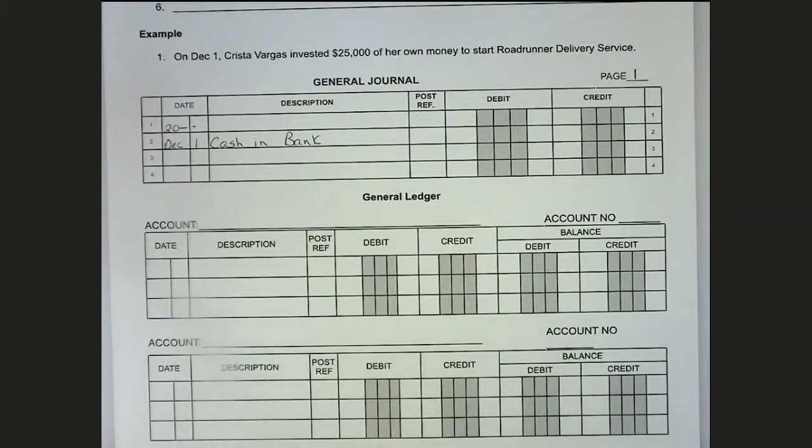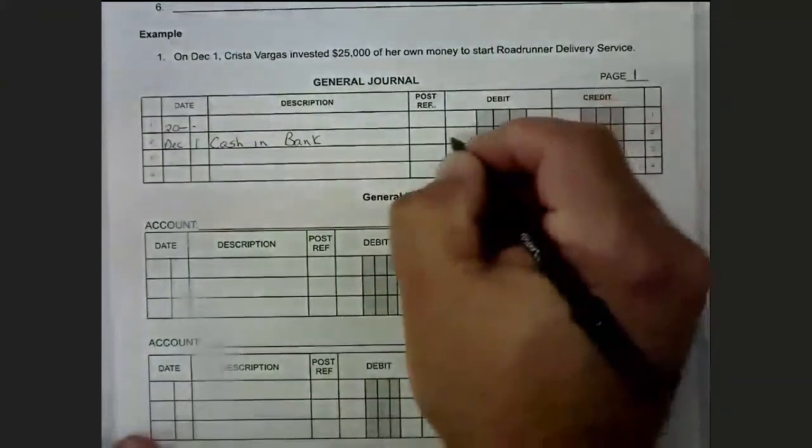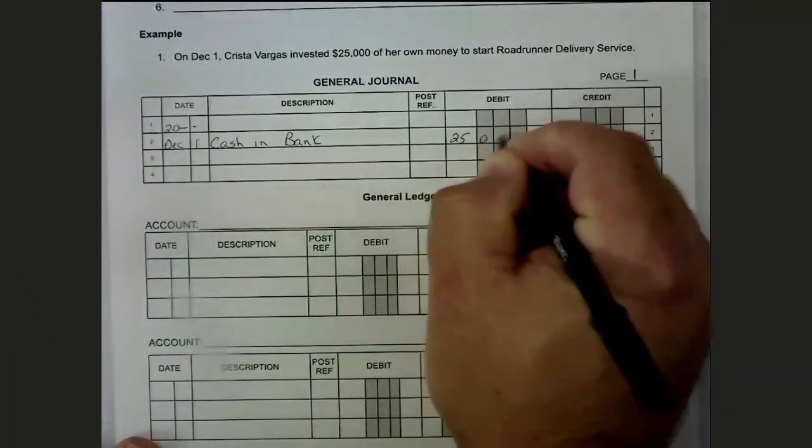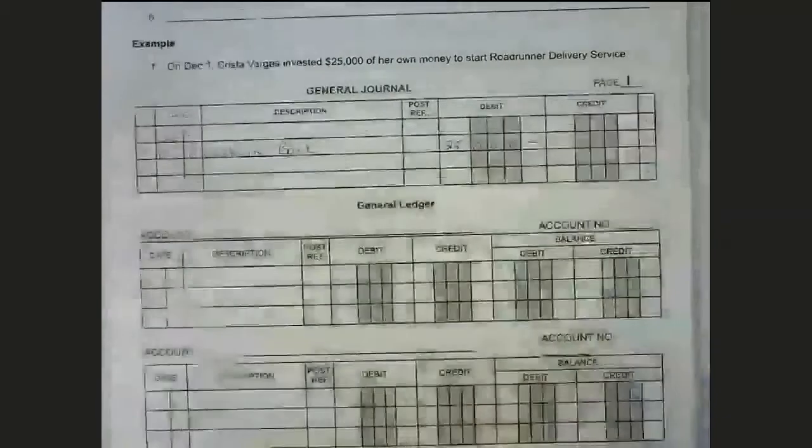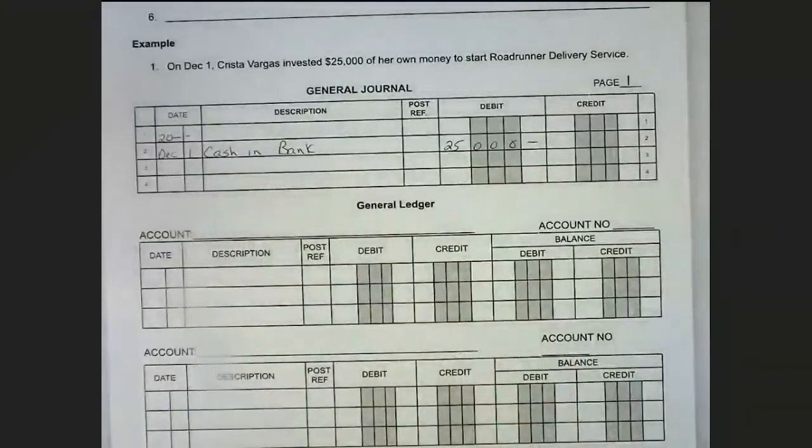Make it obvious to me that you know that the debit account is the first account listed, and it's not indented. We're going to debit that account for $25,000. Second account that's credited in this example.